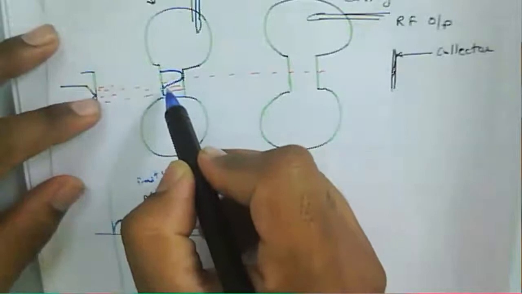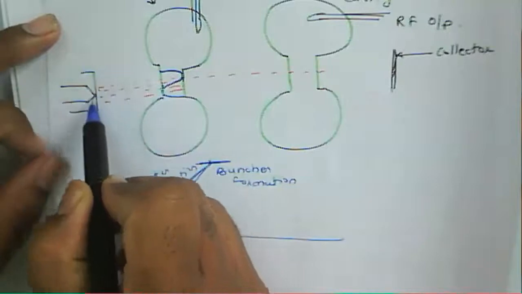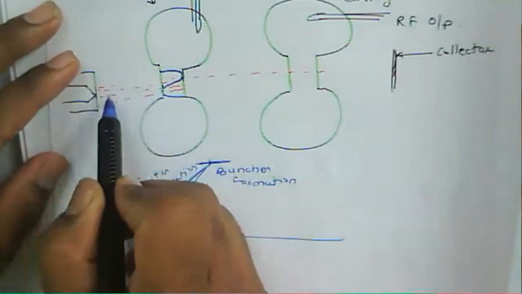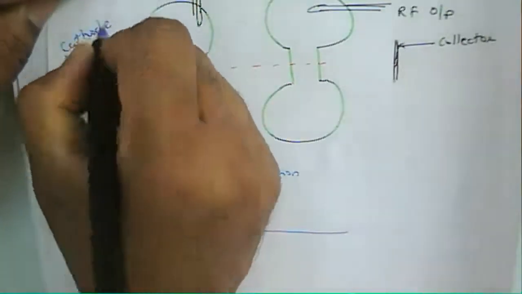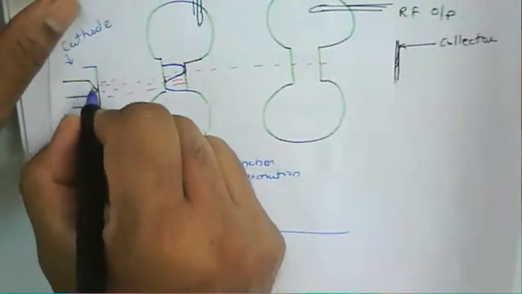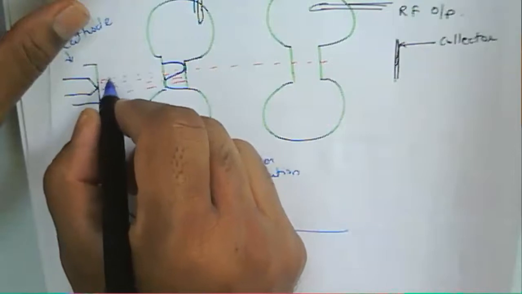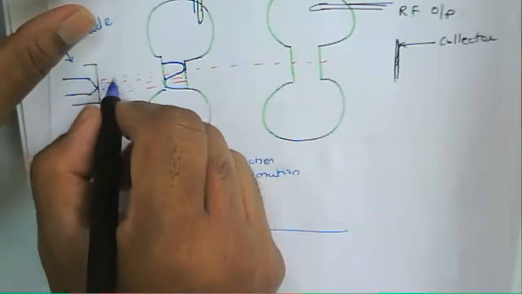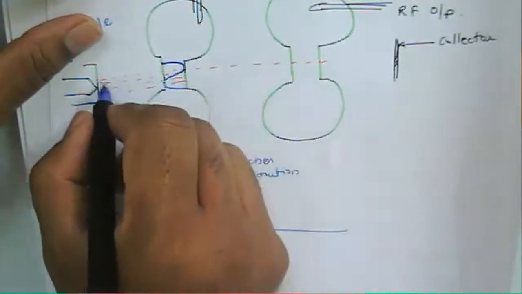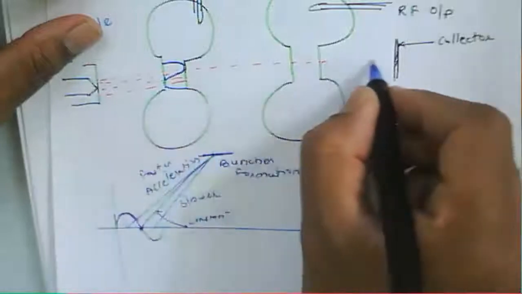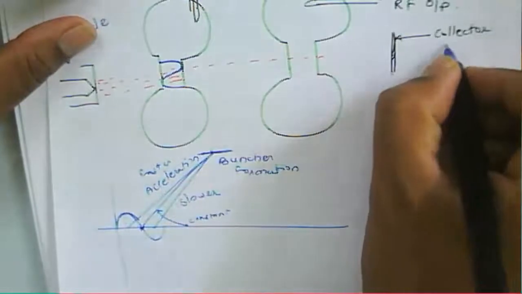We have the cathode, and the cathode emits the electrons. The cathode gets heated and generates electrons, and then the electron beam propagates through, and the beam is captured at the collector, which is the anode here.